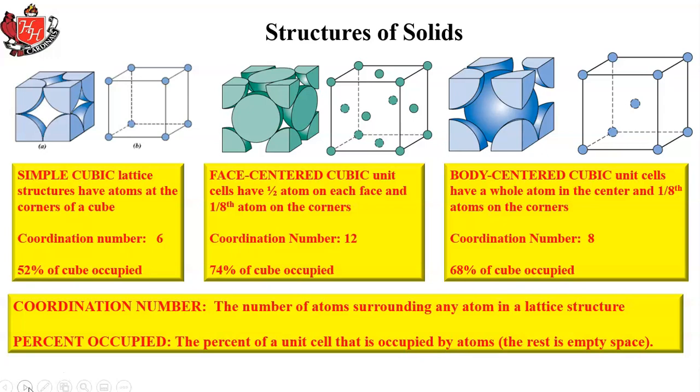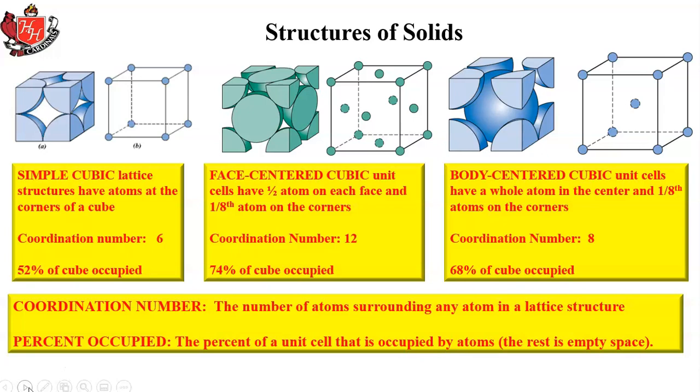What is a unit cell? We've talked about these before. If you took that unit cell and stacked them on top of each other and side by side and front and back and below each other, in every direction, just like little children's building blocks, you would end up with your lattice structure.